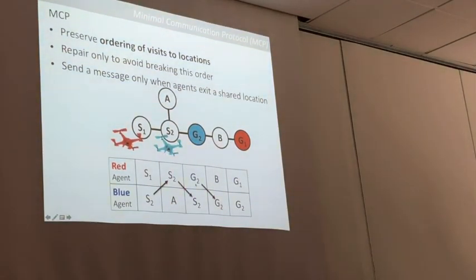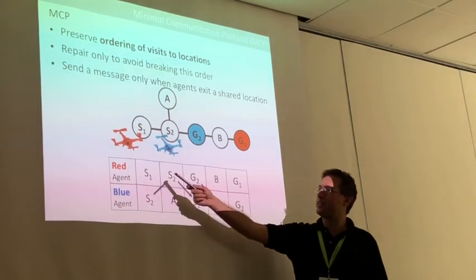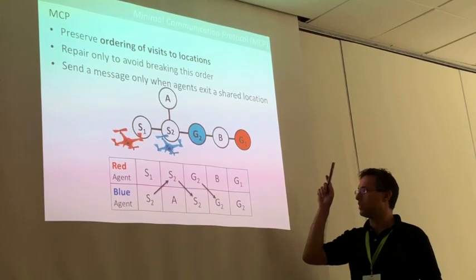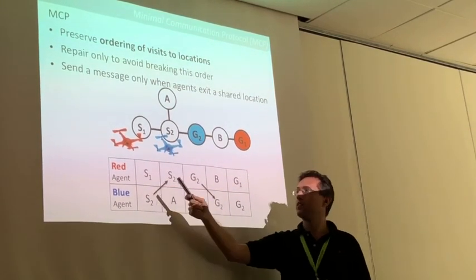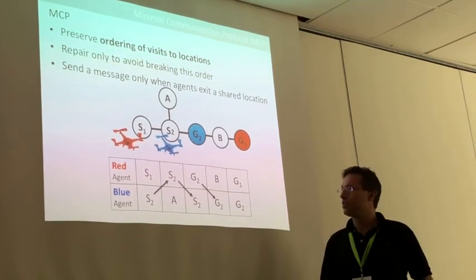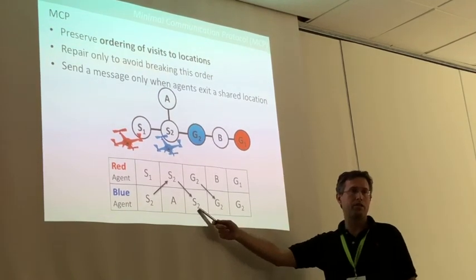Yes, question? Is this a lazy approach? So this is a variant of the lazy approach because, for example, let's look at this example. Let's say the red agent gets delayed at S2 for many time steps. So the blue agent reaches G2. It can go into G2, right?